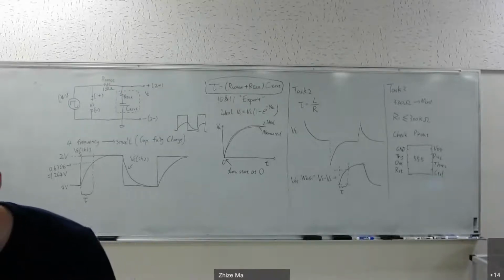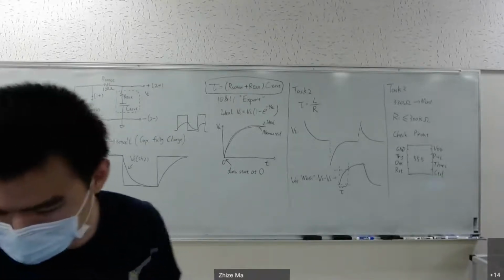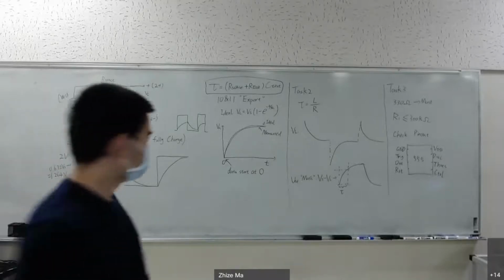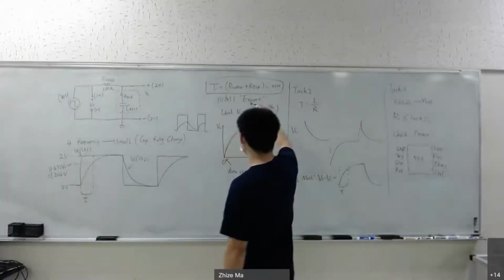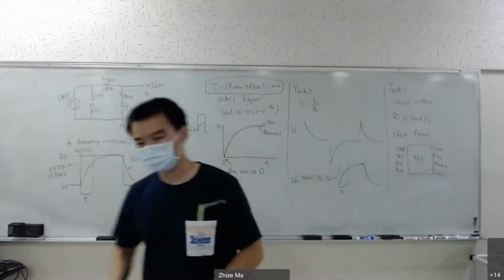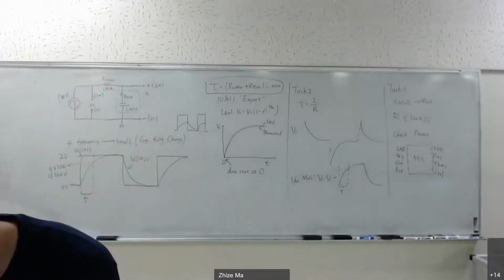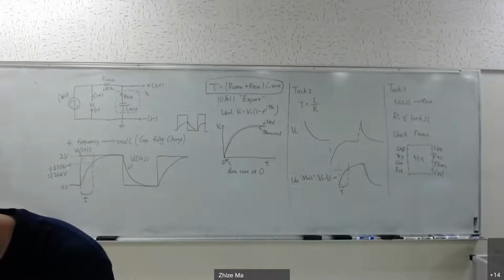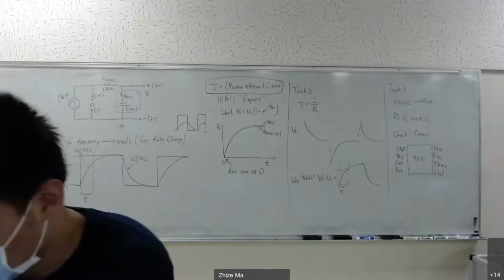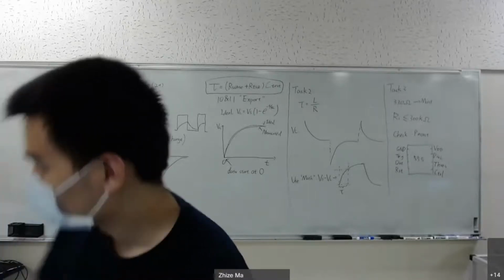And then in step number 10 and number 11, you are going to export the data. I will show you how to do that later. But you will export the data from the AD2 and compare the measured voltage with the ideal graph.